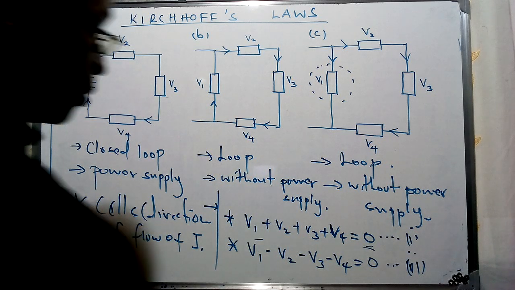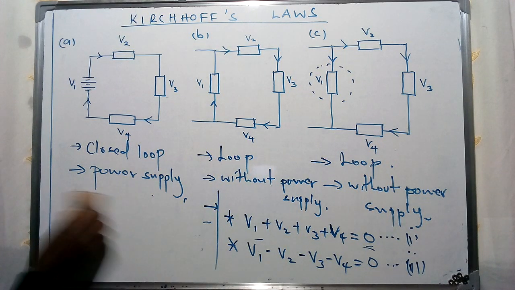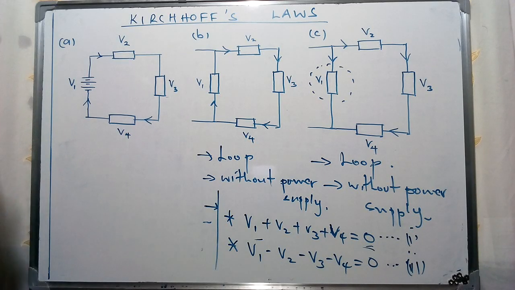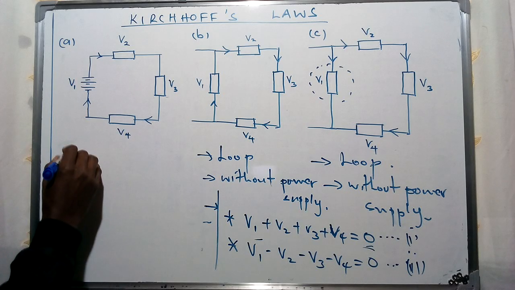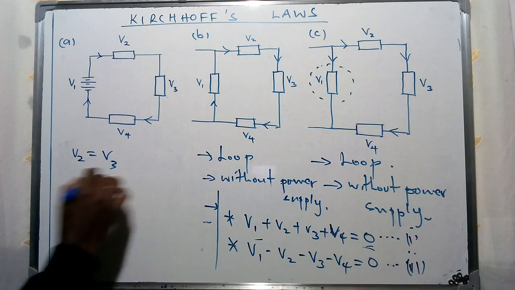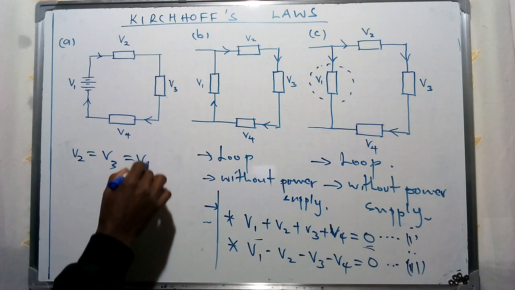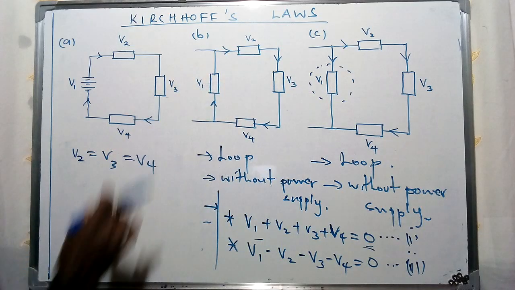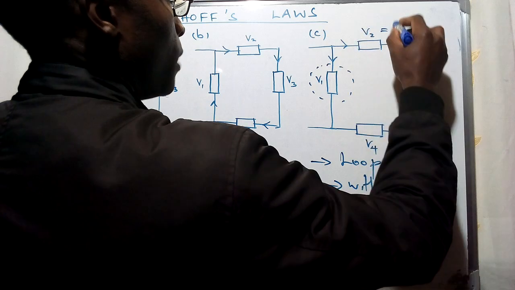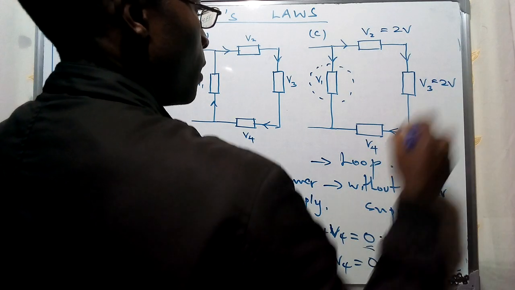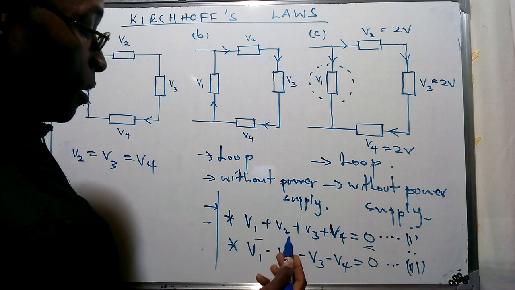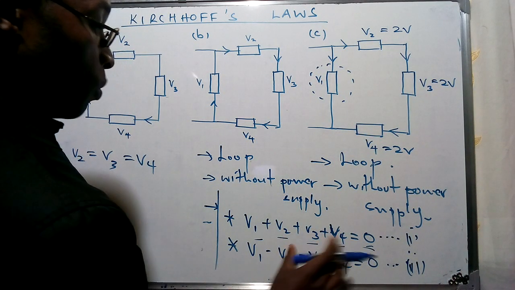Now, we can show that using perhaps an evaluation or just a simple example by allocating these various potentials the values. Now, suppose you have V2 equivalent to V3 equivalent to V4. Now we're going to look at the contrast between this one and this one. If this one is equivalent to 2 volts, and this one 2 volts, and this one 2 volts, the total for these ones, from this specific evaluation for 2, 3, and 4, is going to be 6 volts.